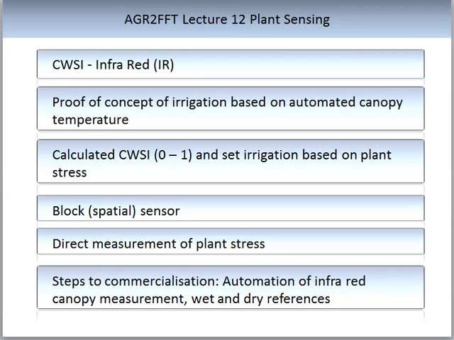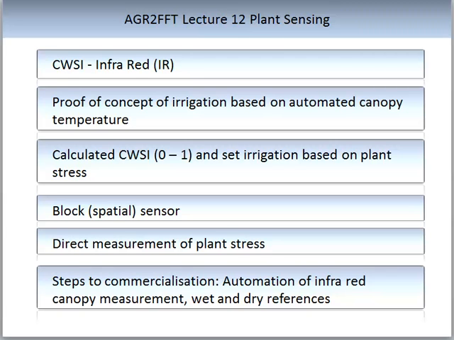When you calculate crop water stress index, it is a ratio, and the ratio sits somewhere between 0 and 1. The lower the ratio, or the more towards 0, the more stressed the plant is. It is what we call a block or spatial sensor. And it has another advantage, that it is a direct measurement of plant stress.